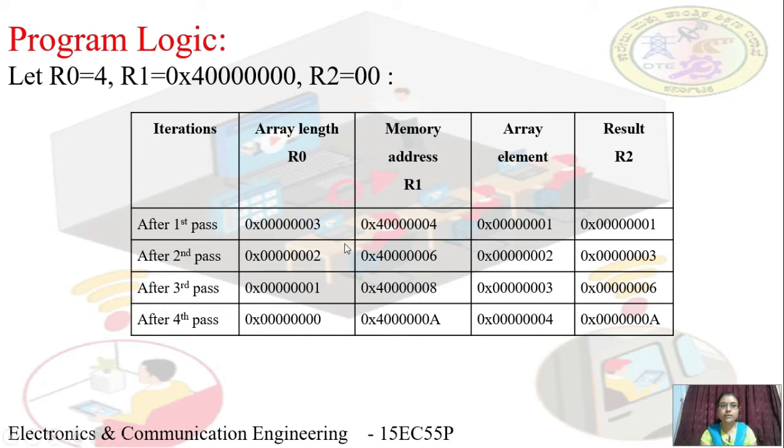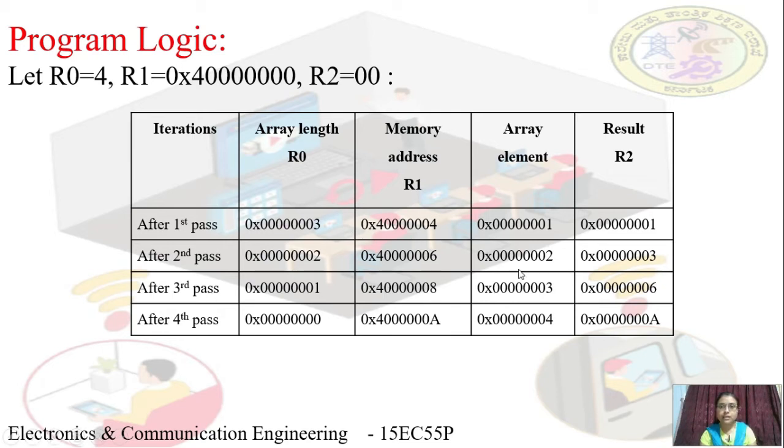After the second pass, R0 is decremented and becomes 2. Then the memory location is 4006 because it has been added with 2, 4 plus 2 is 6. The array element we have given is 2. So 2 plus 1 is added, and the result stored in the register R2 is 3.